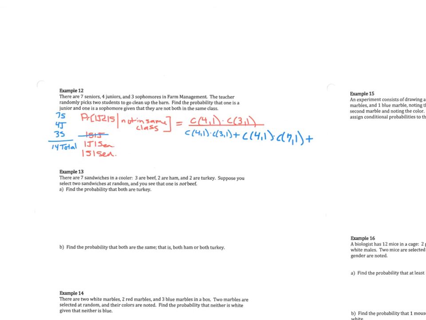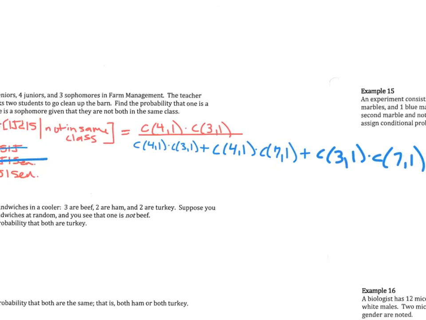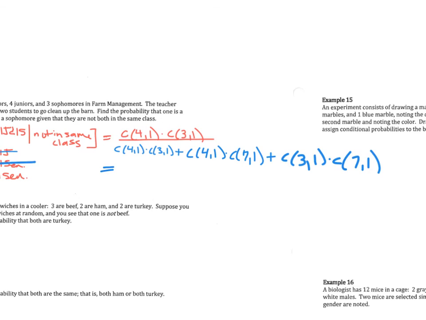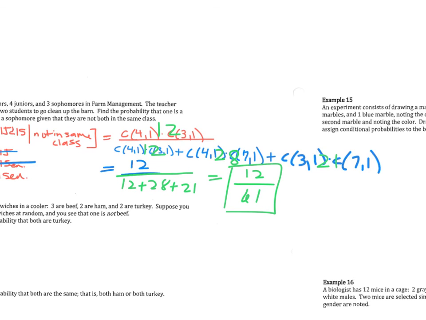Or, kind of running out of room here, 1 sophomore, 1 senior. And when we get all this together, what we land on is 4 times 3, which is 12, over 4 and 3 again, so that's 12. 4 and 7 make 28. 3 and 7 make 21. So if we add together 12, 28, and 21, we get 12 out of 61 for your final answer.